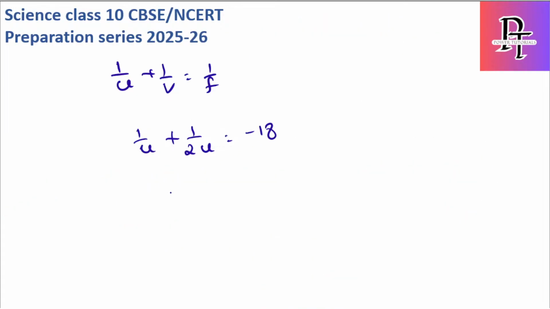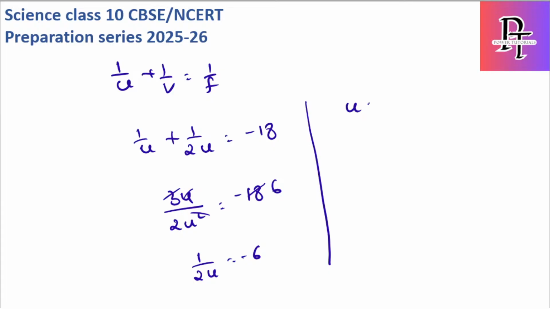So 2 plus u, which is 3u by 2u square, is equal to -18. So 3 ones 3, 6. So I got 1 by 2u is equal to -6, or u value is equal to -12.